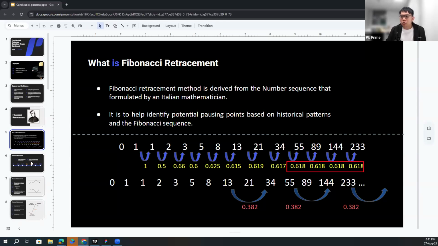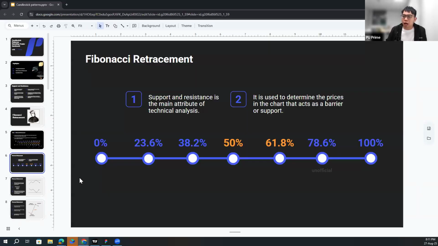When you pull the Fibonacci retracement from 1 to 0, you are getting these numbers. For example, you're getting 23.6% of a retracement, and then 38.2% of a retracement. Why I highlighted these two is that if you are a retracement believer, most of the time it's true.